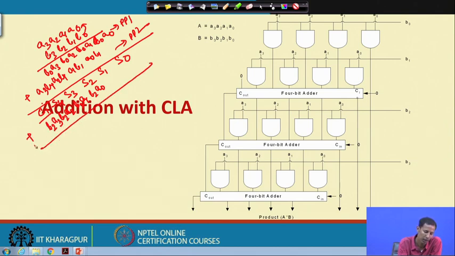Then again I have to add. As these 2 positions are 0 0, I do not have to consider them, and I have to add only these 4. Then again I can produce S5, S6, S7, S8 as well as carry.